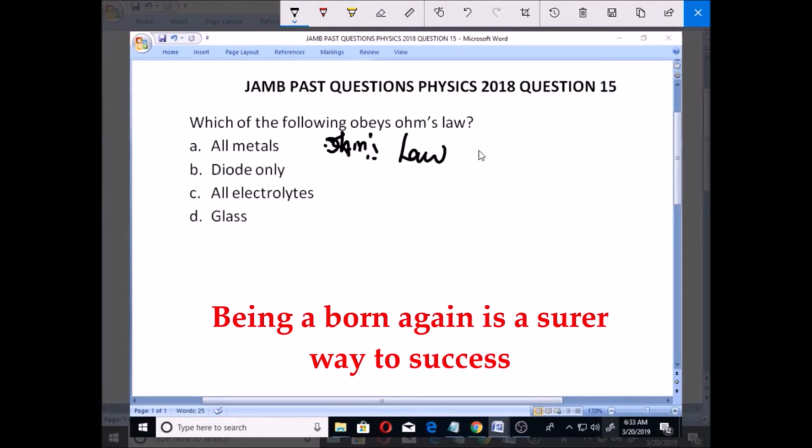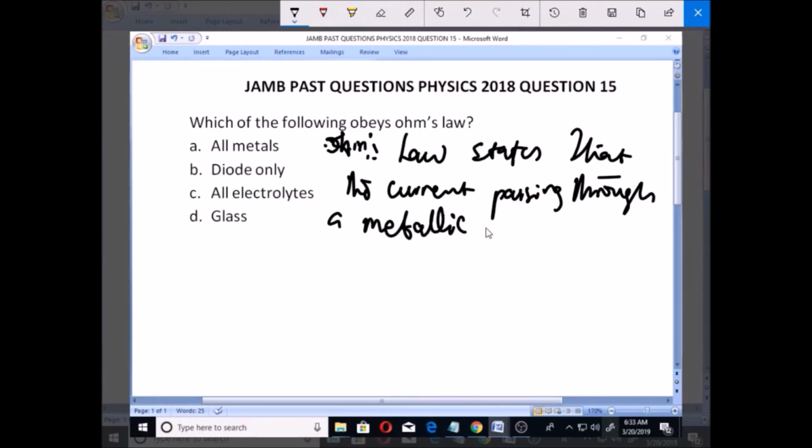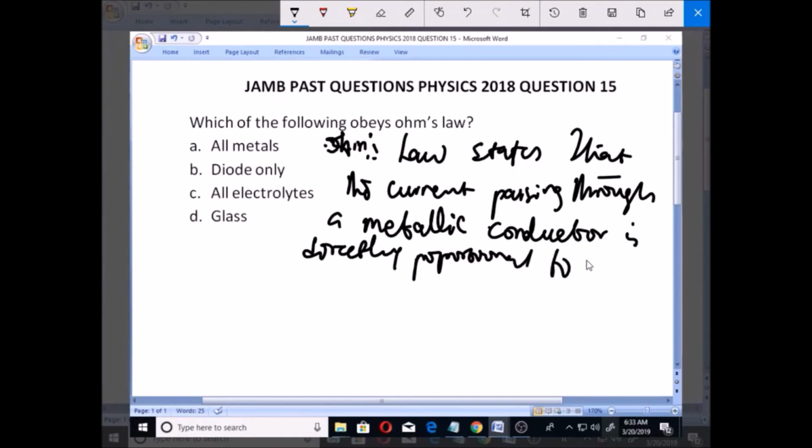Ohm's law states that the current passing through a metallic conductor, you see why I say it has to do with metals, is directly proportional to the potential difference across its ends.